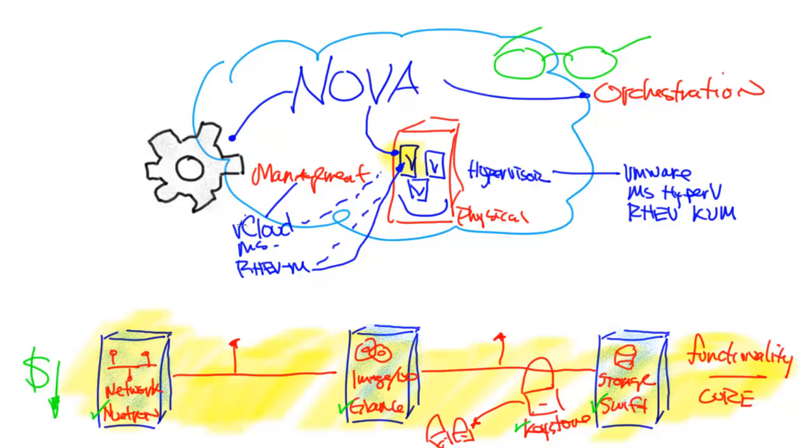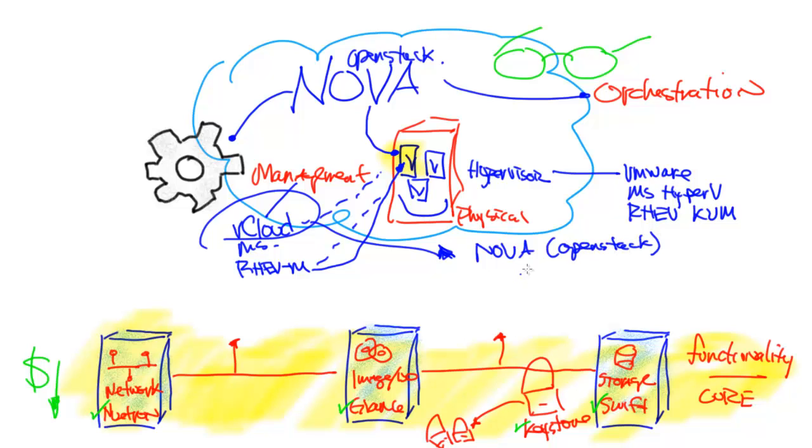Now some of our products, and we'll just pick on VMware right now, VMware has a manager called vCloud. But in order to use Nova in the environment, remember this is OpenStack, this is what you have to do. You have to have Nova sitting on top, which makes it OpenStack, and I use that very loosely.